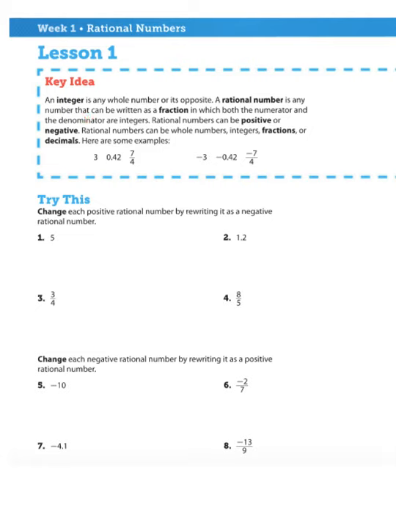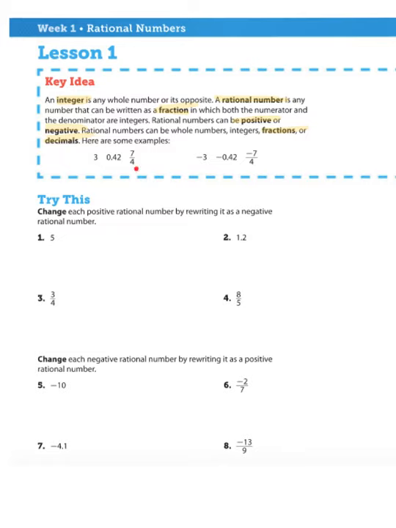Okay, so I'm just going to highlight these words because I'm going to be using these words a lot. So we need to know positive and negative are opposites. We need to know how to identify a fraction, a decimal, and an integer. And like I said, an integer is any whole number or its opposite. A rational number is any number that can be written as a fraction in which both the numerator and the denominator are integers.